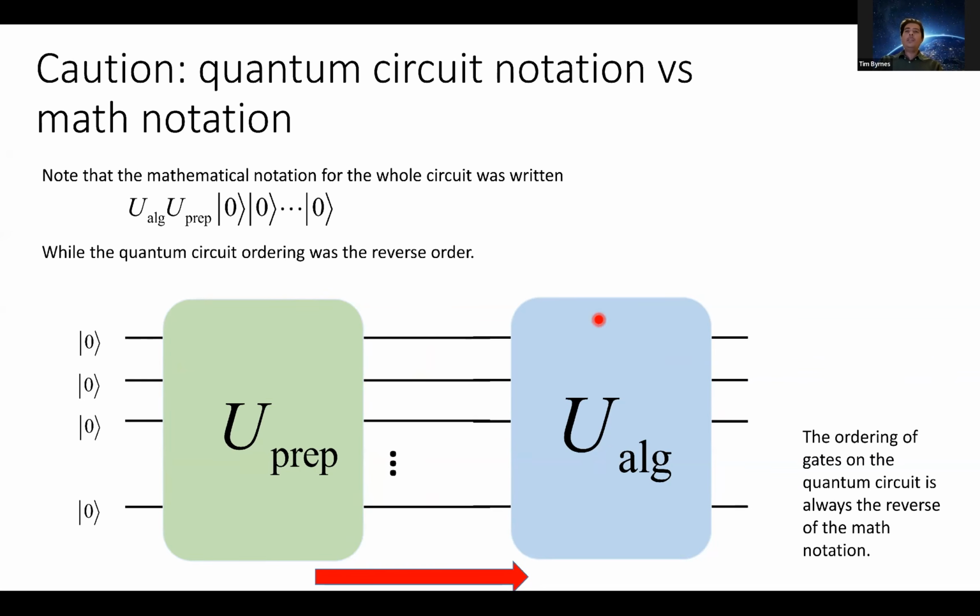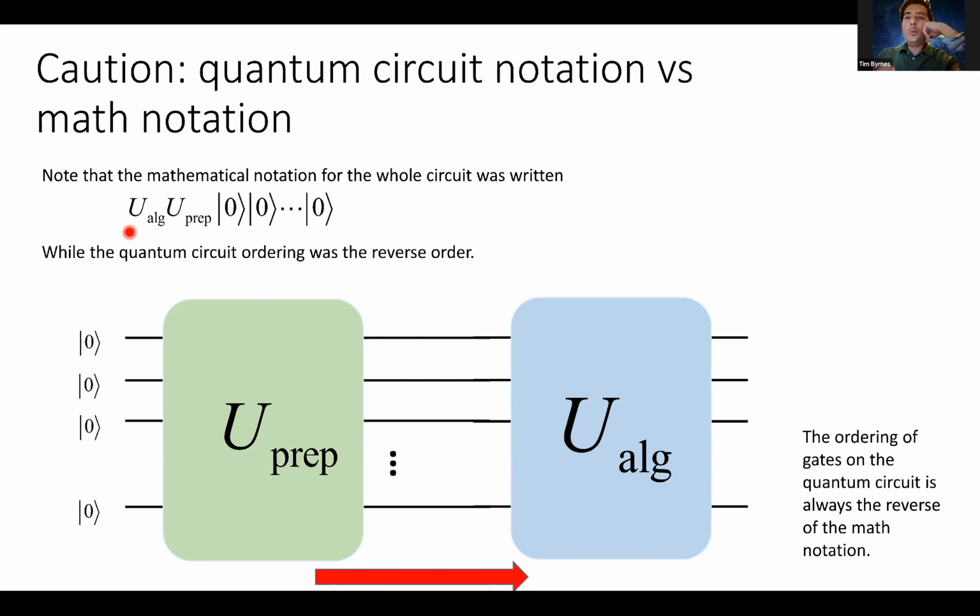Actually, this is exactly the opposite notation to how you'd write it mathematically, because when you write it as a sequence of operators or matrices, here's our state. The thing that gets applied first is this one, which is on the right, right? And then second, this one, UAlg, would be applied after that, right?